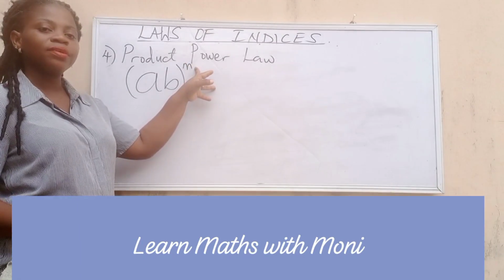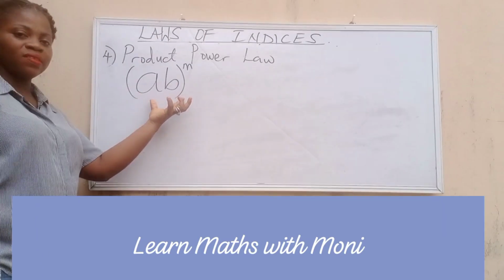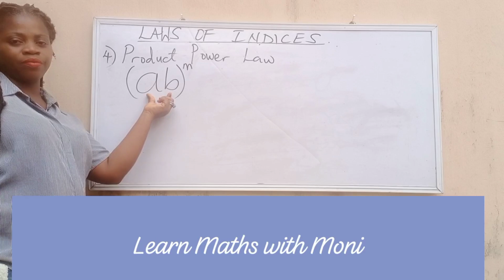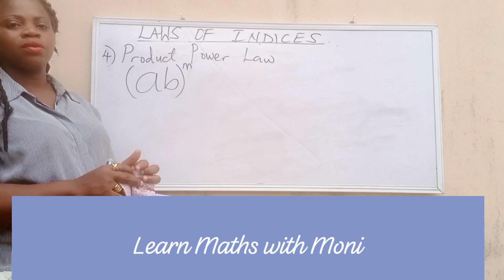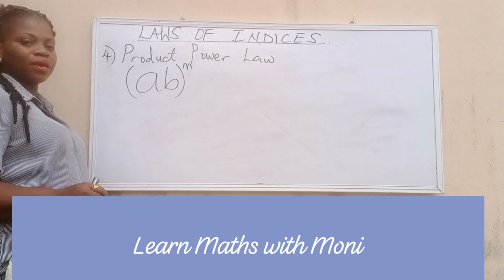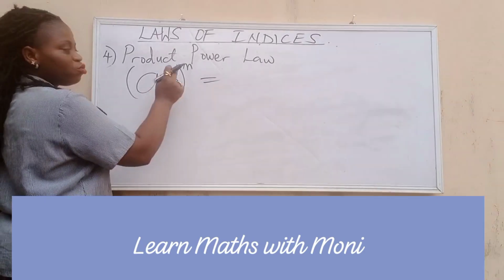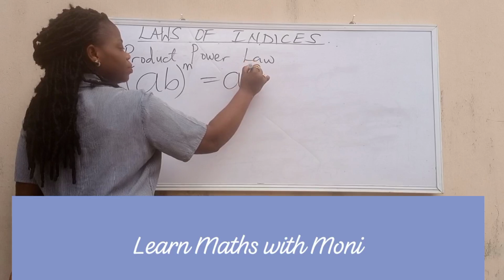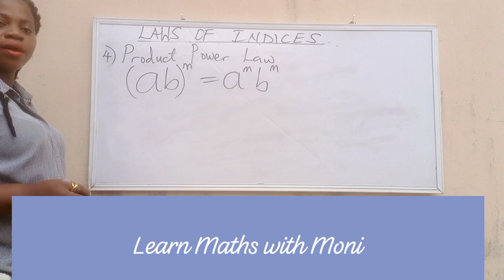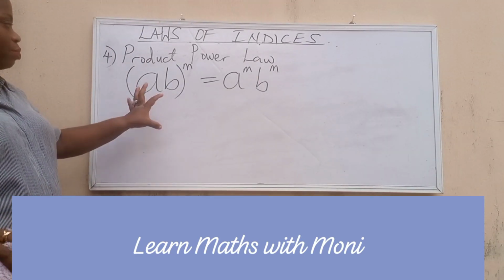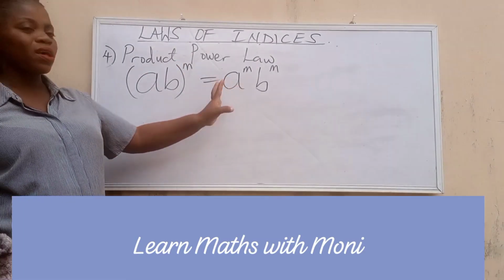Since there is a bracket that encloses this product AB, the power will distribute itself over each of the terms in the bracket. This means I have A raised to power n and B also raised to power n, because of the bracket and everything is raised to power n. This is what I have.